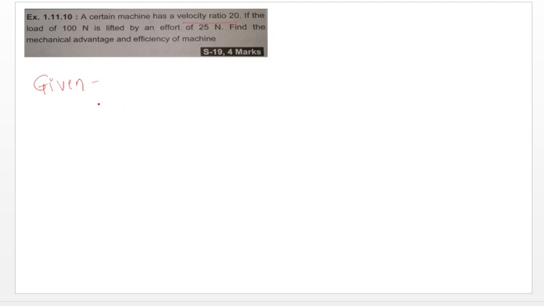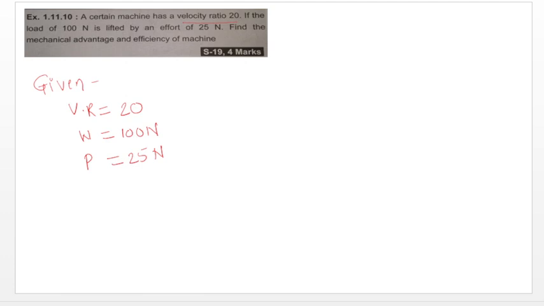First given is what? Velocity ratio is equal to 20. If the load of 100 Newton is lifted, load means again W, is lifted by an effort, effort means again P, of 25 Newton.